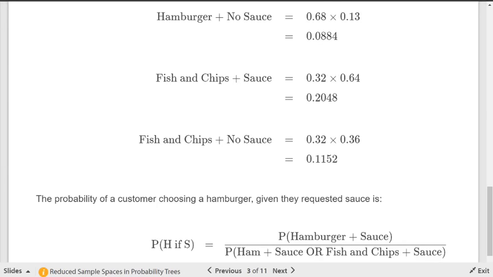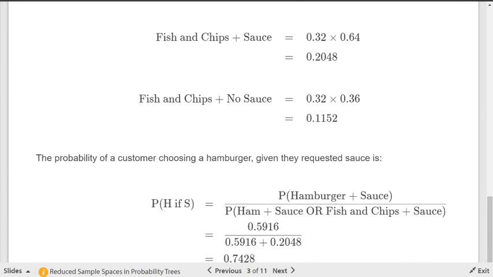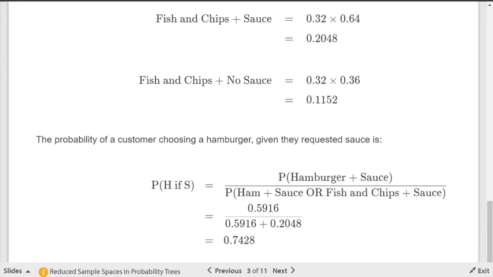Adding them together, right? So we get our probability for hamburger and sauce, and then in the bottom, the probability of hamburger and sauce plus the probability of fish and chips and sauce. And they just did all the math, right? Remember, you need to add in the bottom first and then divide, and that gives you 0.7428. So all you're doing is restricting some of it. All right? Does it look horrible?